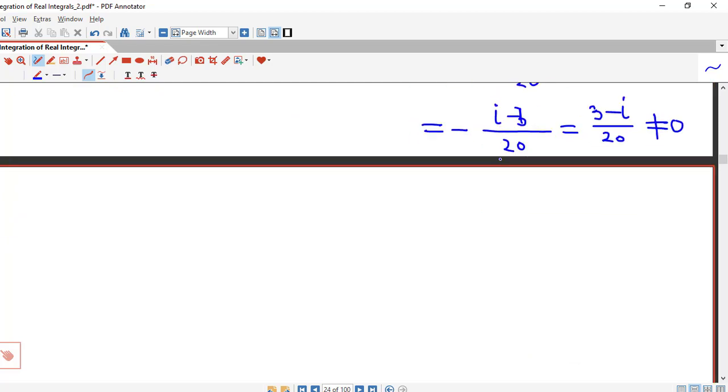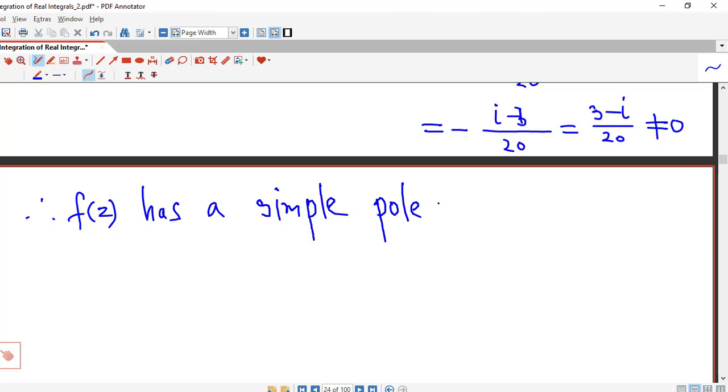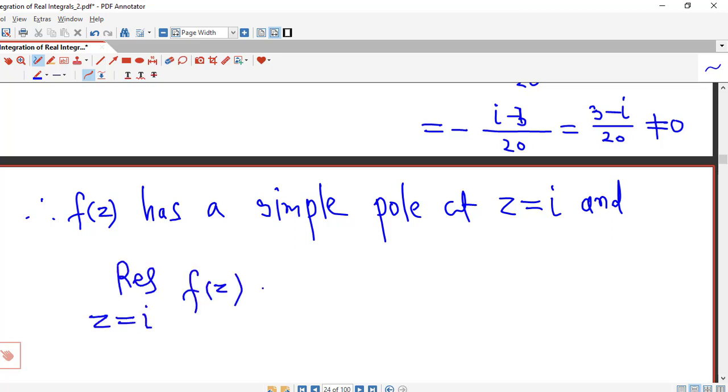Therefore f of z has a simple pole at z equal to I, and the residue of f of z at z equal to I will be equal to the value of function phi at I, which is nothing but (3 minus I) divided by 20.